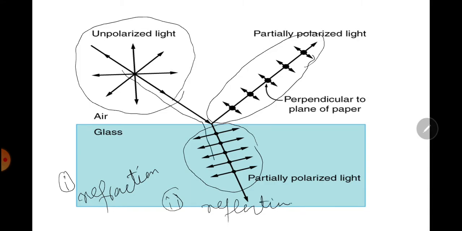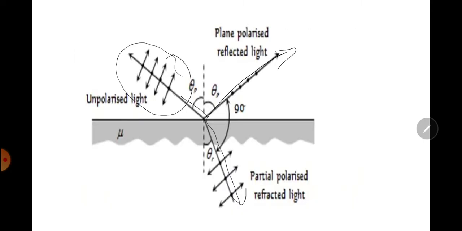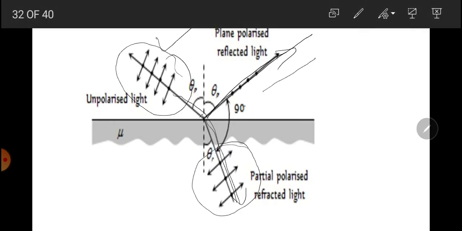Here the light ray is reflected, refracted and polarized. Here the light ray is reflected and polarized. So this is polarization by reflection and this is polarization by refraction. Here the light ray is reflected and refracted.